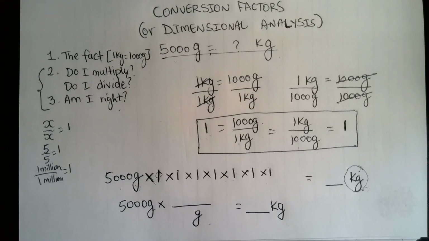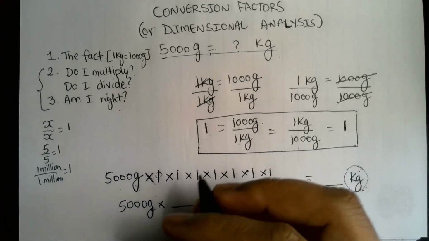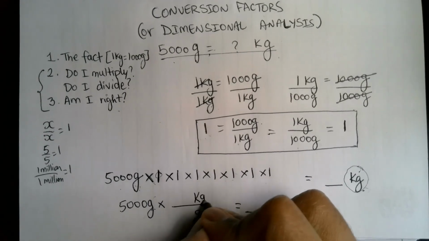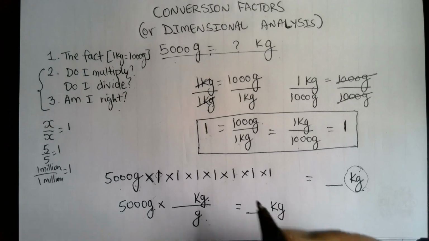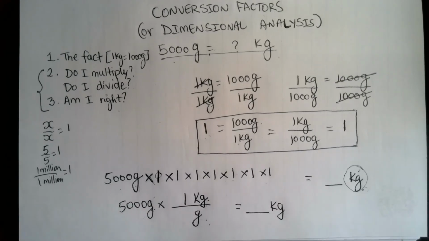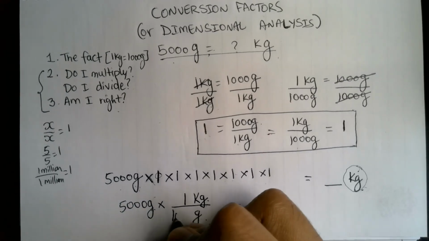So I put grams at the bottom, because then I can cancel the two values out. Anything at the top divided by anything at the bottom. Instead of grams, what I want is kilograms. Do I have a relationship between these two? Yes, I know that 1 kilogram is equal to 1,000 grams.